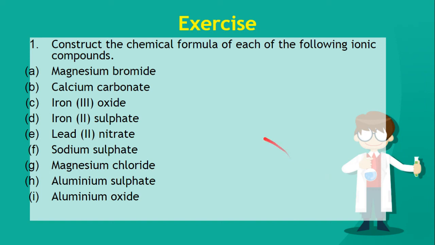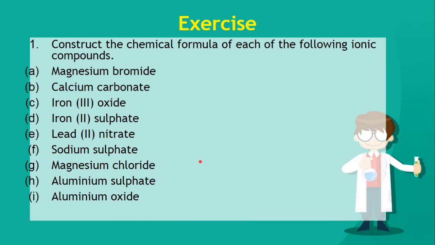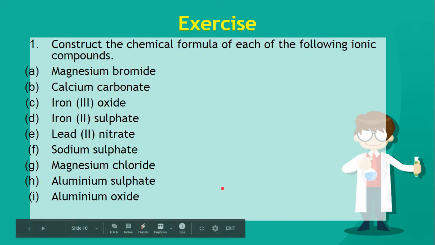Copy this question and then try to determine the formula of the following ionic compounds, E to I. Write down the answer, then snap a picture of your answer and send it to me through Telegram. If you have any problem, you can message me through the Telegram group.